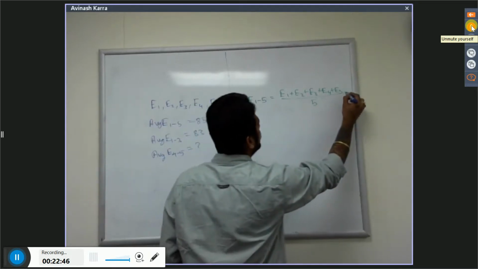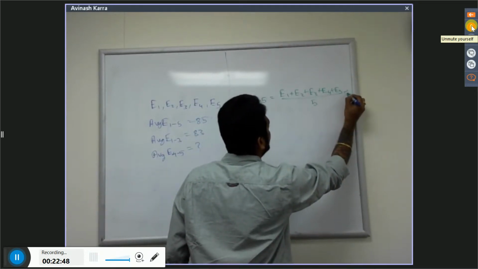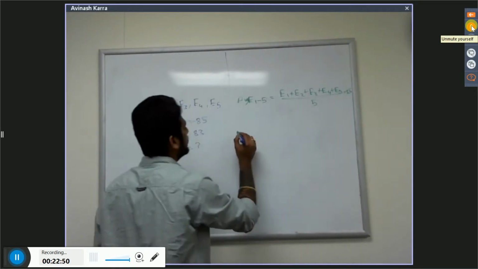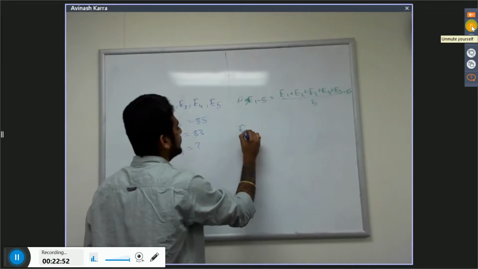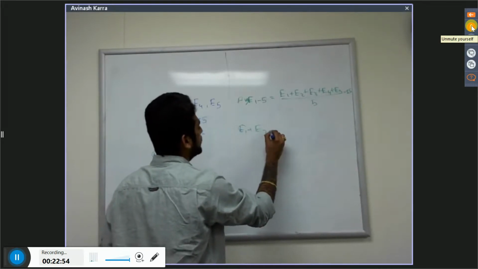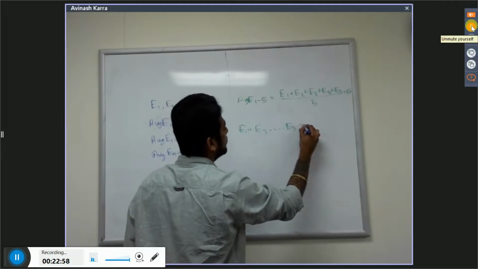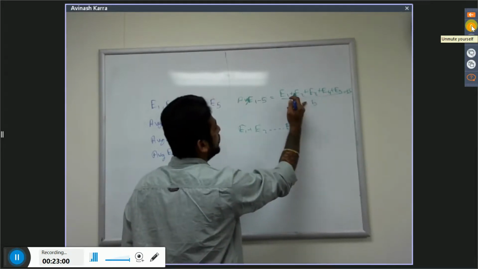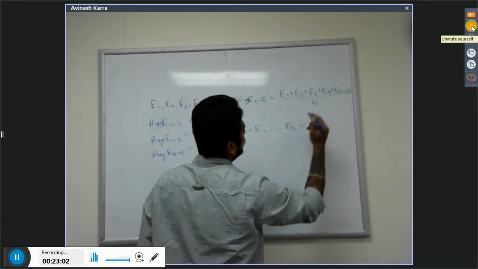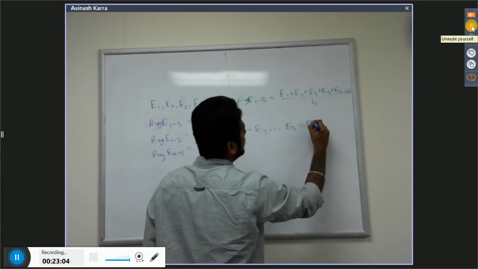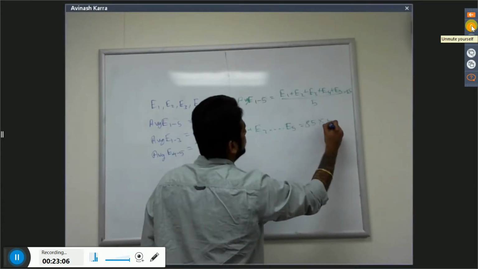So this is equal to 85. If I simplify this, E1 plus E2 and so on up to E5 is equal to, 5 is dividing on the LHS, if it goes to RHS, it multiplies.